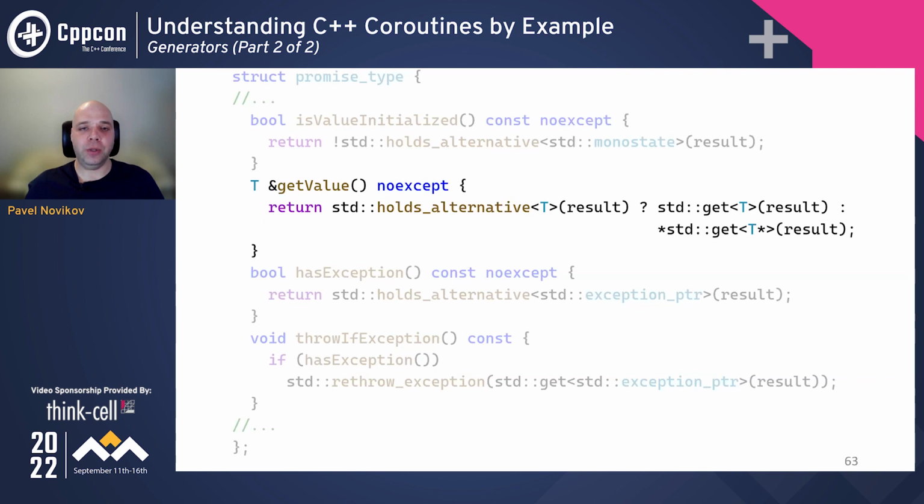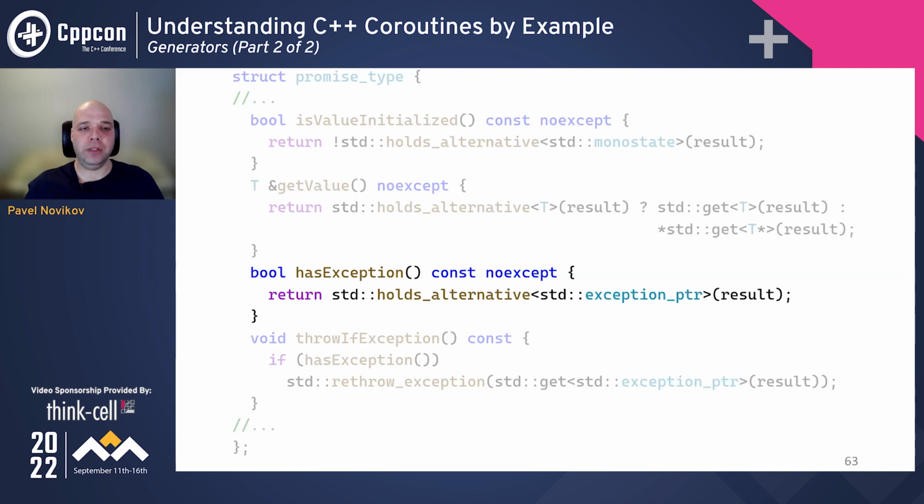Here we just check what kind of result we have and return a reference to that object, either stored inside of our promise type in the result field, or the object that is referred to by the pointer that is stored in the result field. The next one is hasException. That is not changed.